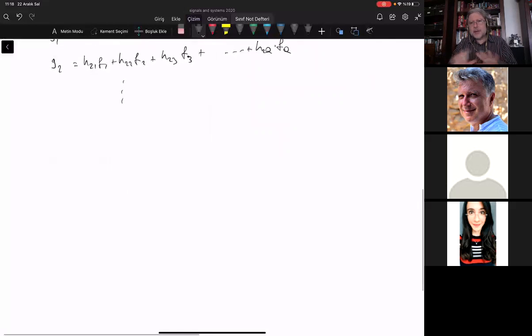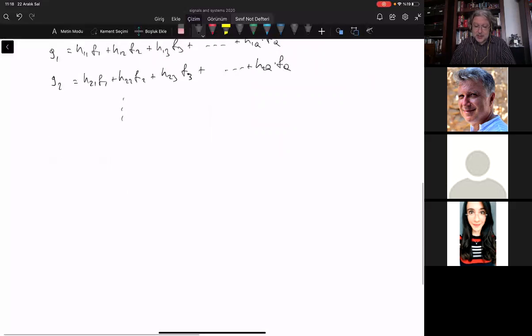Although I have only a two-dimensional surface to illustrate, these equations, G1 is equal to this, G2 is equal to that, etc., they make lines. For example, this is a line corresponding to the first equation. Equation 1 gives me this line.